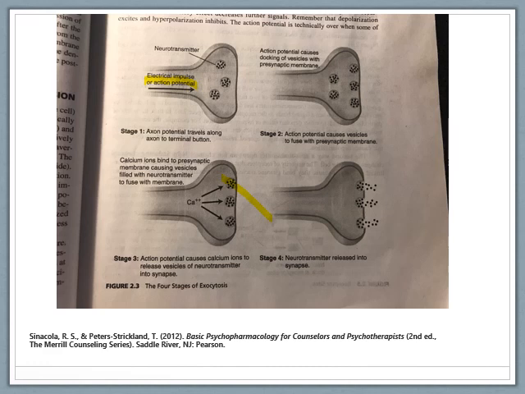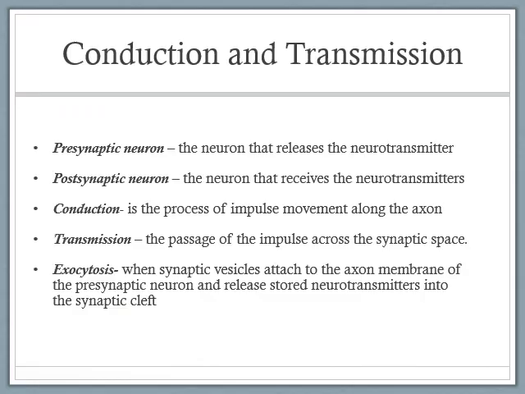So calcium ions bind to the presynaptic membrane, causing those vesicles that have the neurotransmitters within to fuse with the membrane. Then the neurotransmitters are released into the synapse. So I briefly talked about the presynaptic neuron, which is the neuron that is releasing the neurotransmitter, and the postsynaptic, meaning it's the neuron that's receiving that neurotransmitter.